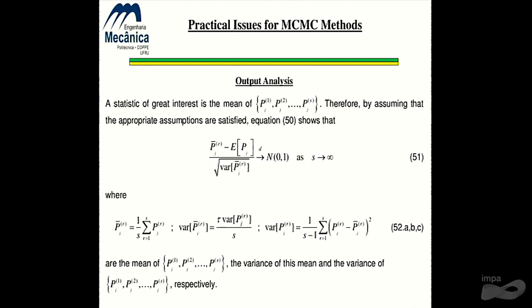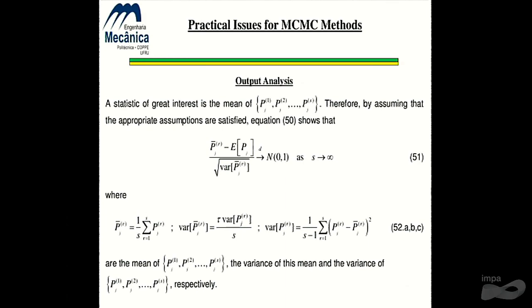So you can compute the mean from your samples of the Markov chain, the variance of the samples of the Markov chain, and then the variance of the mean. This is nice because you can represent your mean with its associated uncertainties.